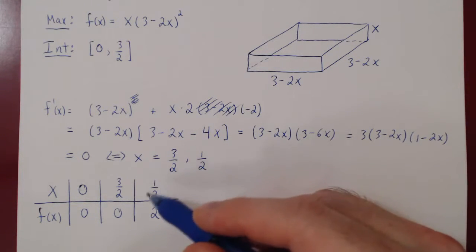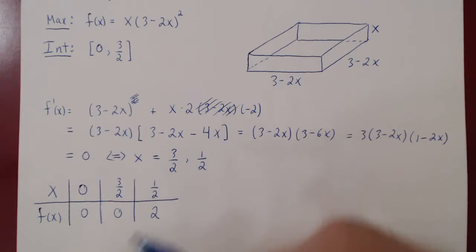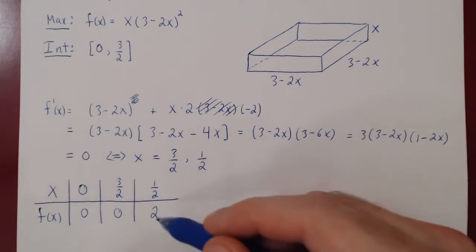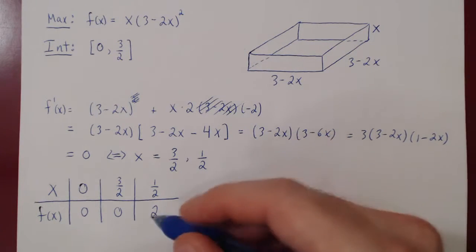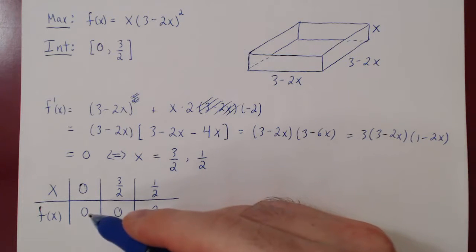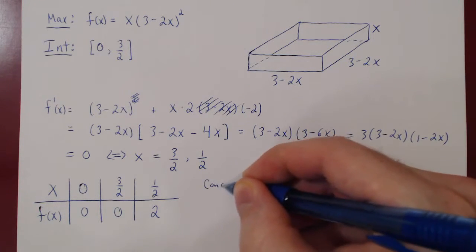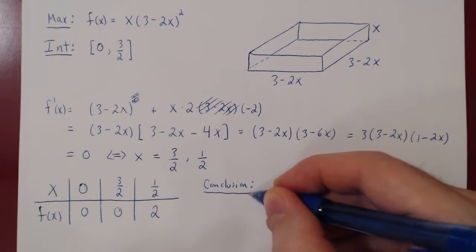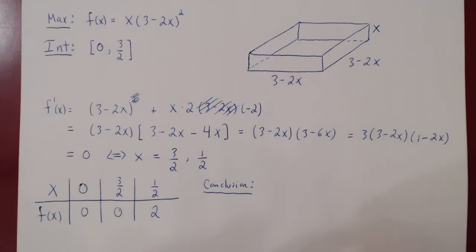But if we do cut off from each of the four corners a square whose length is a 1/2 meter, then we'll have our maximum value of the volume. So there you go. This is our conclusion. Clearly, 2 is the larger value between 0 and 2. So, the maximum volume of our box is 2 meters cubed.